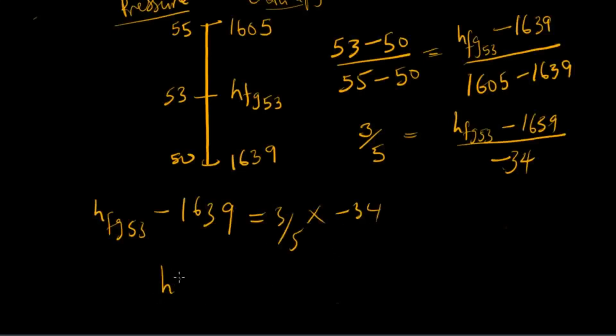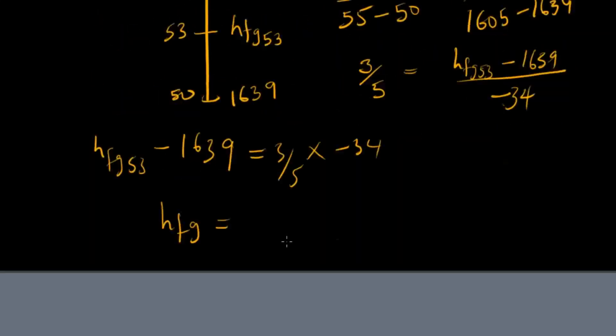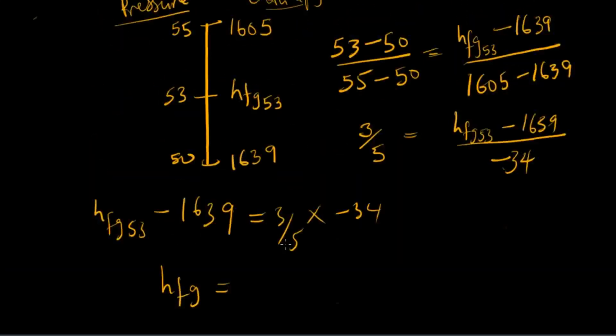So finishing up, hfg at 53 will be 1618.6 kilojoules per kilogram.